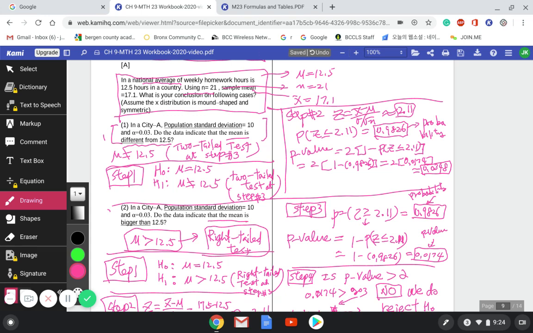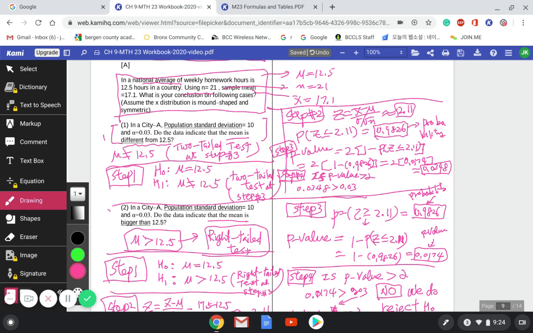Now, that was step 2, and step 3, getting a p-value. Now, step 4, you have to test it. So if p-value is bigger than alpha, okay? So again, 0.0348, is that bigger than 0.03?